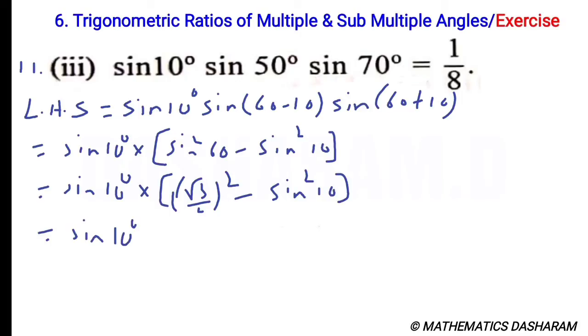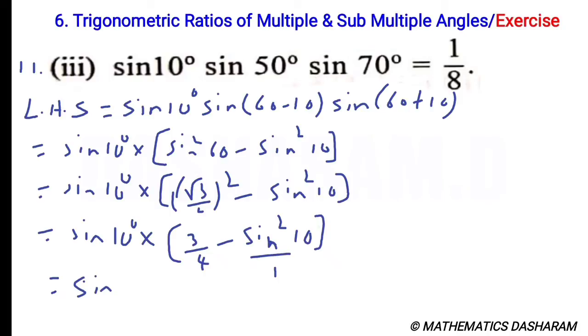So sin 10 degrees into root 3 by 2 squared means 3 by 4 minus sin square 10. So now here sin square 10 can be written as over 1. So sin 10, here take the LCM 4, 3 minus 4 sin square 10 degrees.